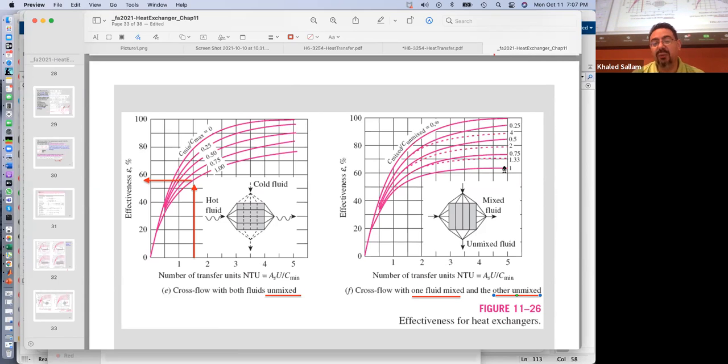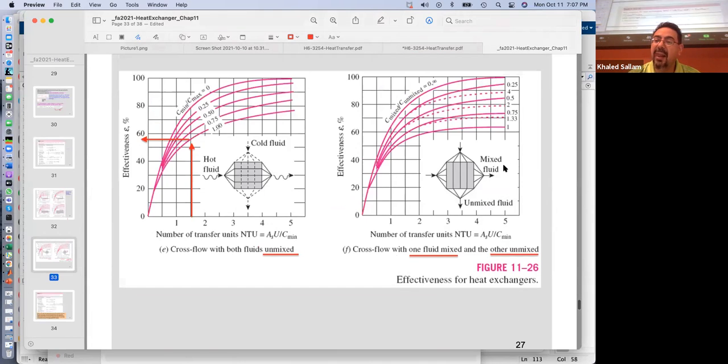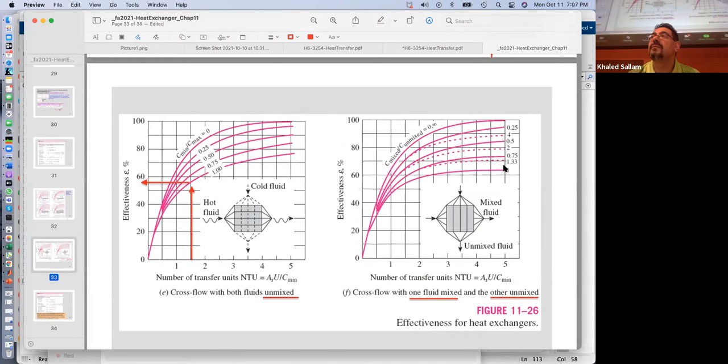Yeah, we can solve some example. There is an example of that. I would say the car radiator could be an example of one fluid being mixed and the other fluid unmixed. What does the car radiator look like? The hot fluid, the oil, the cooling fluid coming from the car is going into one pipe.